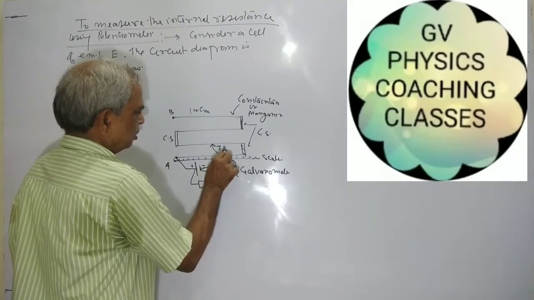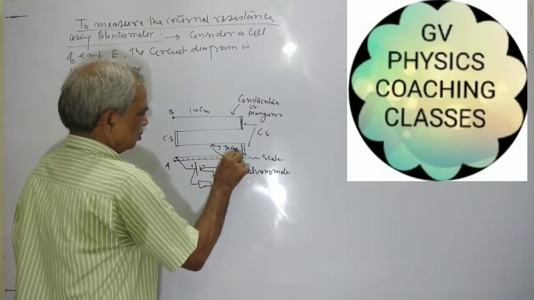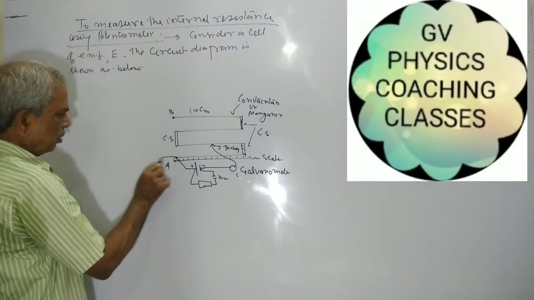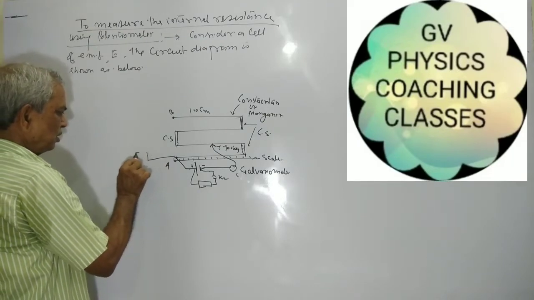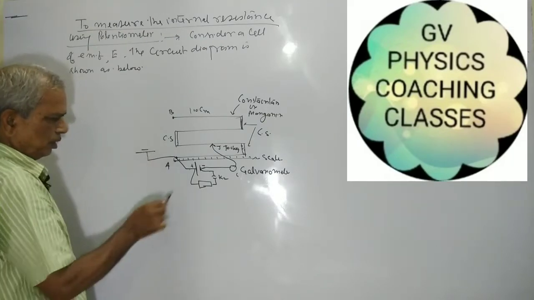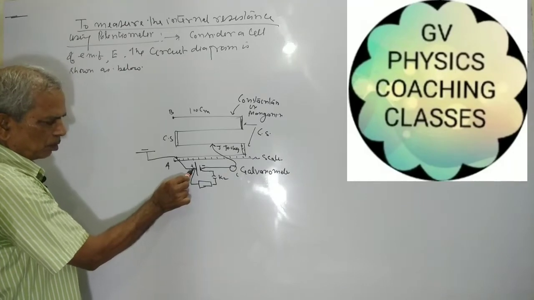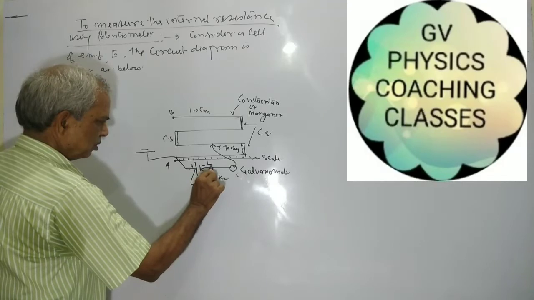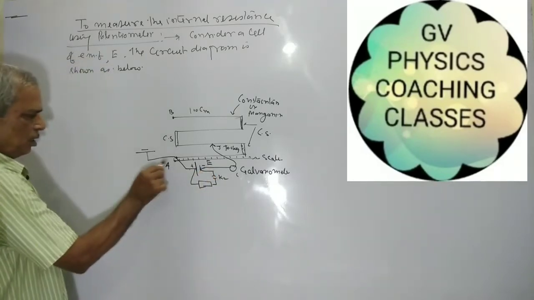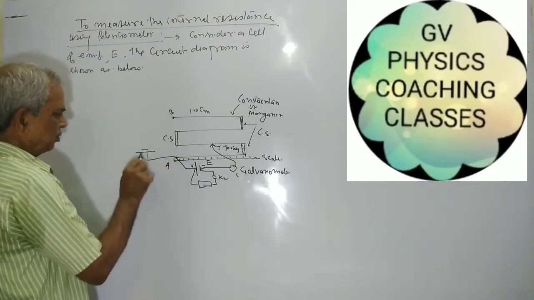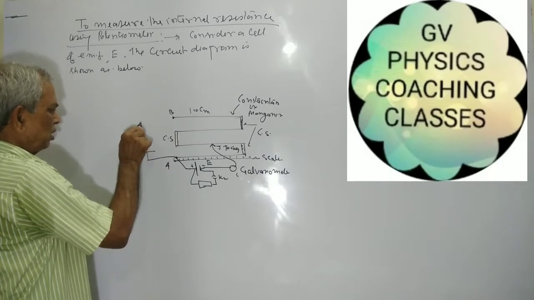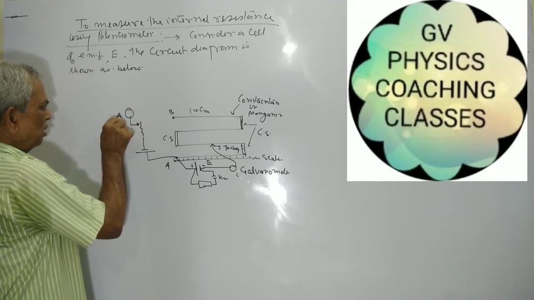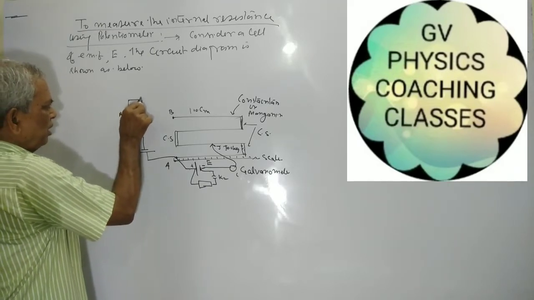This is jockey J. The positive terminal of the battery is connected to point A, as well as the positive terminal of the cell of EMF E, which is connected to common point A. A rheostat, an ammeter, and a key.